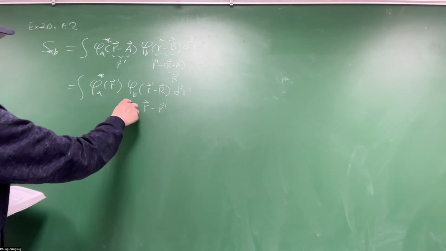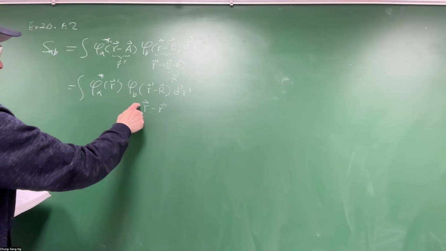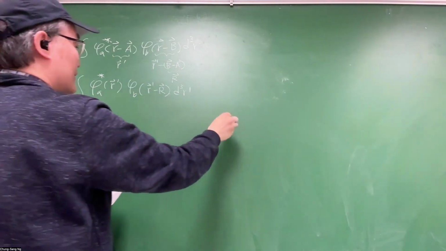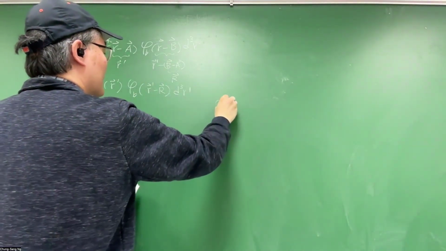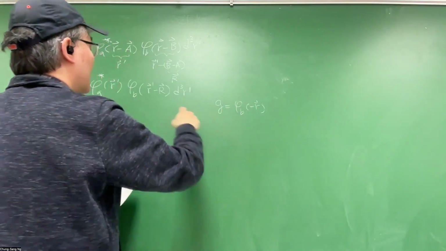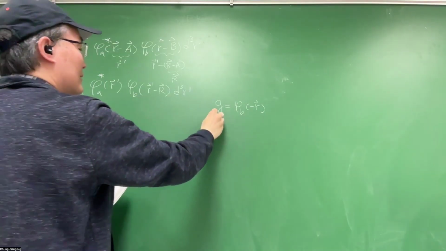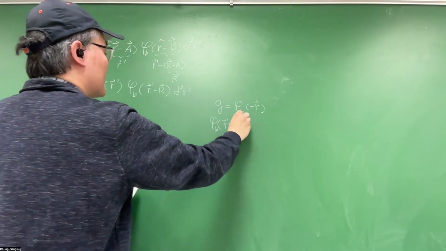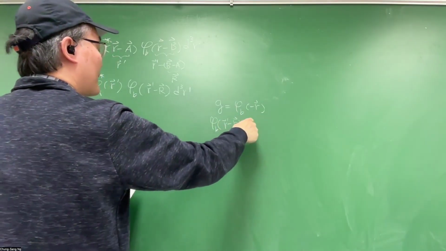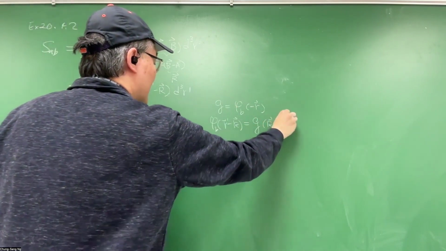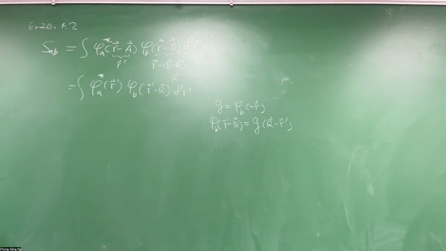So we define this function g as phi B of minus r. Then phi B of alpha minus r is just g of r minus alpha.